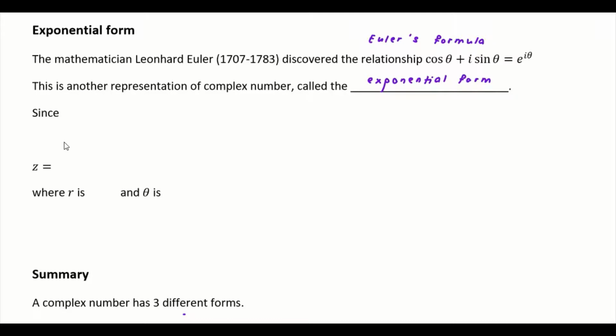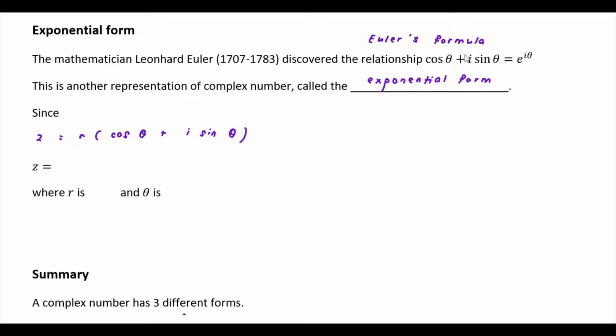Okay, so from the modulus argument form, we know that z is equal to r times cos theta plus i sine theta.